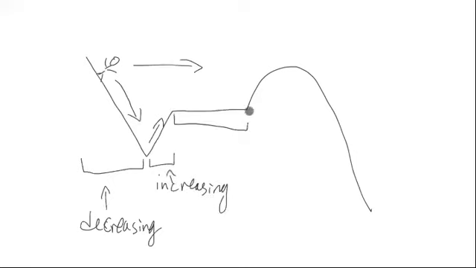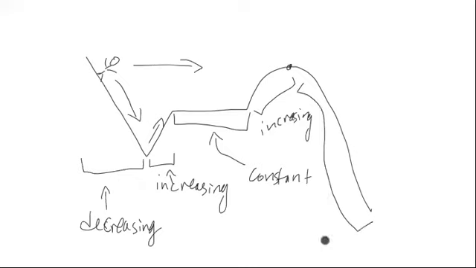On this part of the graph would be constant, at a constant height. From here to here, again, it's increasing. And from here to here, we see that's decreasing.